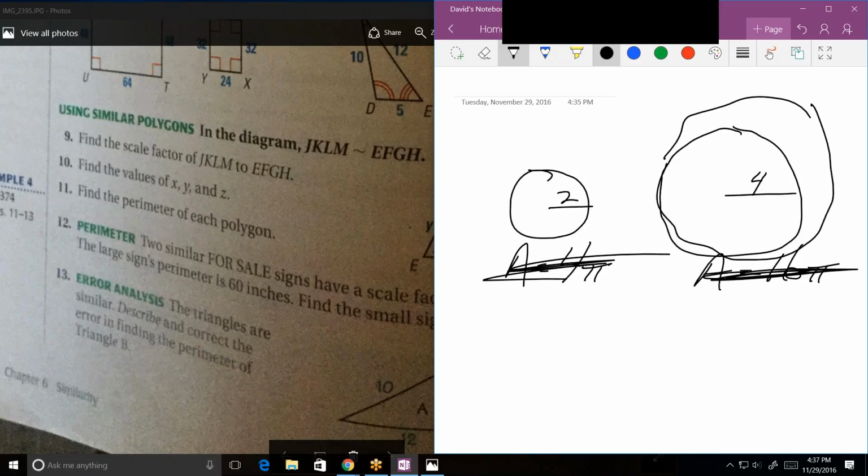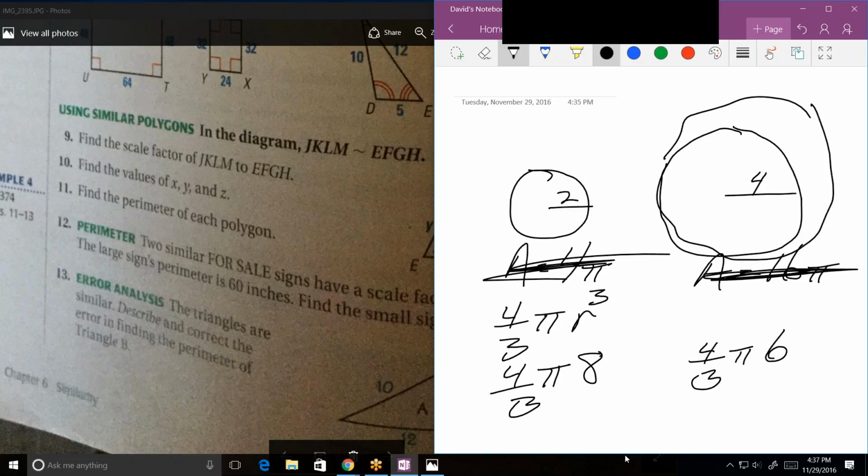Well, what's the volume of the smaller marble? It's 4/3 pi r cubed. So it's 4/3 pi times 8. And this one over here is 4/3 pi times 64.